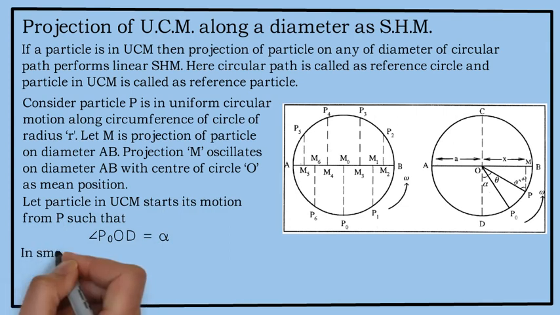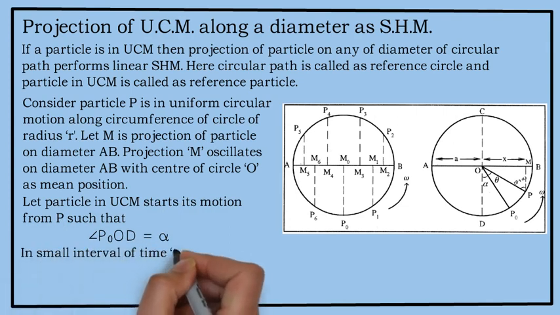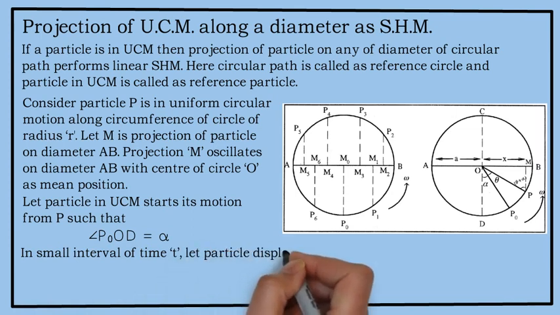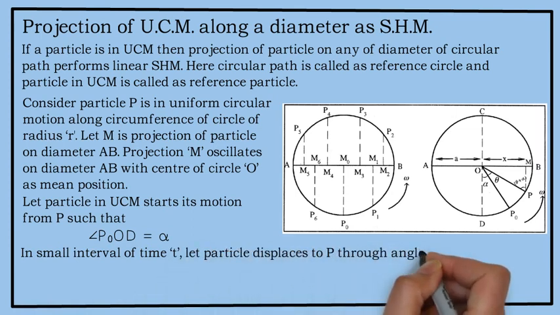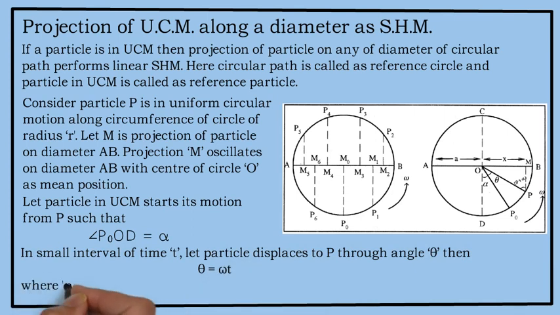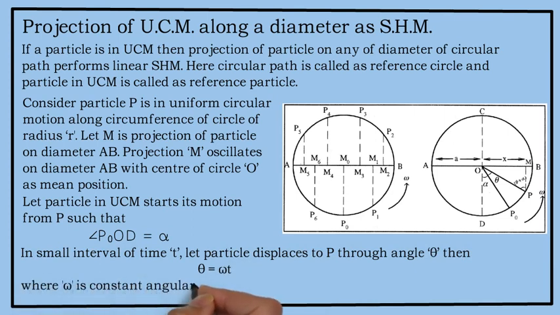In a small interval of time t, let the particle displace from P through a small angle theta. Then theta is equal to omega t. From where did you get this? This is the expression from circular motion, where omega is equal to theta upon t. So theta would be equal to omega into t.